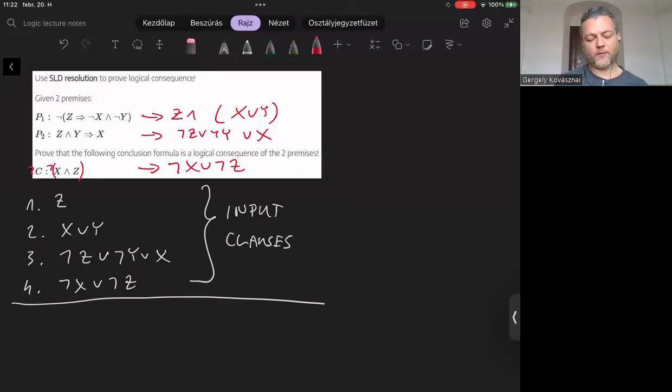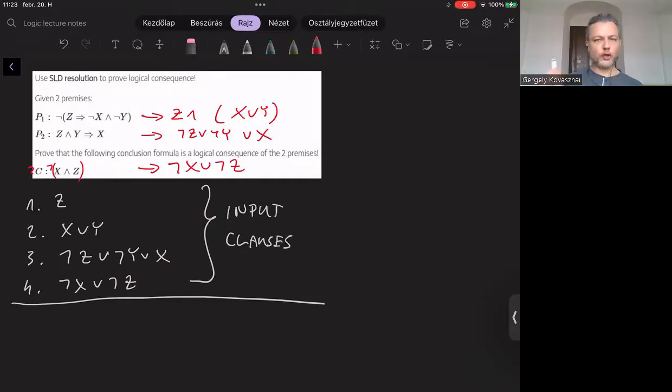That is, if we have an input clause set which consists of not only Horn clauses, then it might happen that we cannot derive the empty clause, even if the input clause set is unsatisfiable. It can happen. This is what incompleteness means.